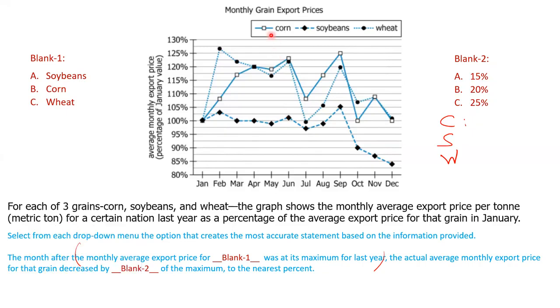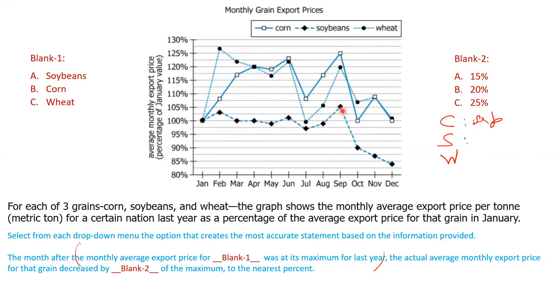Now, corn is this. So we have to follow this particular chart. Agreed? When is it highest, guys? September, right? So corn was the highest in September, okay? And soybean is this. When is this highest? Same.